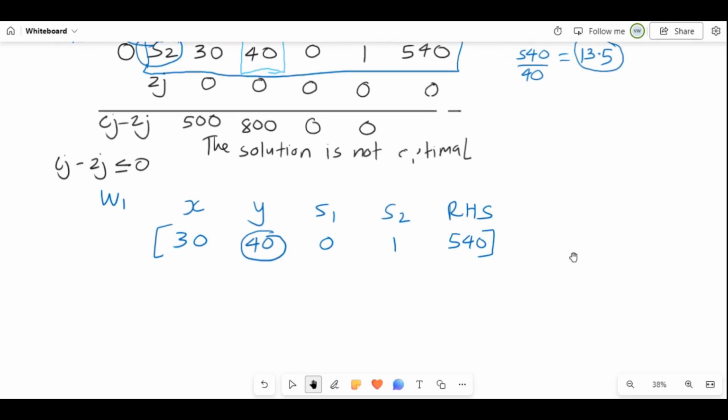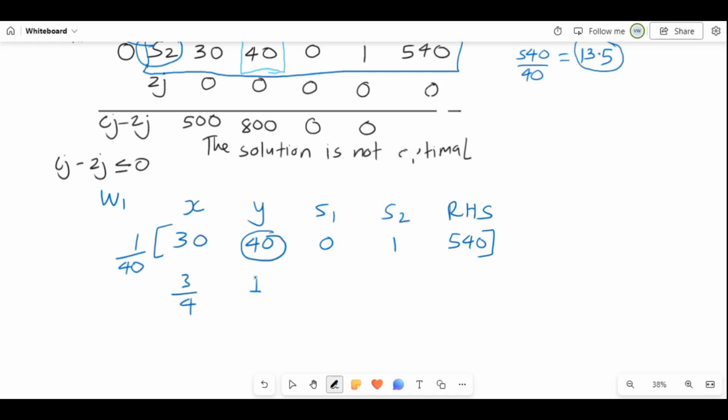So if you want to make this pivot element to be 1, you can decide to multiply everything through by 1/40. So that when I say 1/40 times 40, it will definitely make that to be 1. But because all these elements are part of a set, remember we talked about sets, we cannot adjust only the 40. So everything else within that set we also have to multiply by 1/40. So that this will be 3/4.